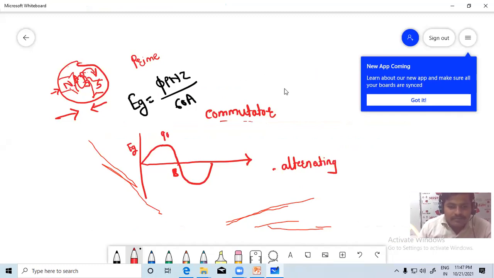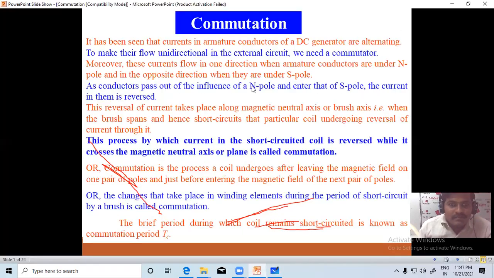Okay, see here, the sentence can be given: this process by which the current in the short circuited coil gets reversed while it crosses the magnetic neutral axis or plane is called commutation.